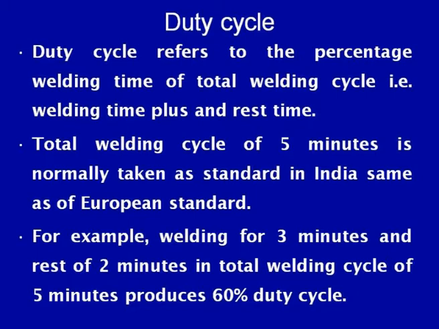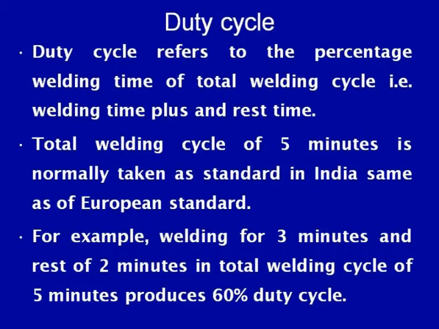Because when we draw very heavy current from the power sources, electrical resistance heating takes place in the cables and coils, and if we continue to draw the current for longer durations from the welding power source, it can lead to overheating of the coils and cables, which can damage them. Therefore, the welding current is not drawn at very high levels from the welding power sources for long durations. And what strategy we should apply for drawing the heavy current from the welding power sources is indicated by the duty cycle.